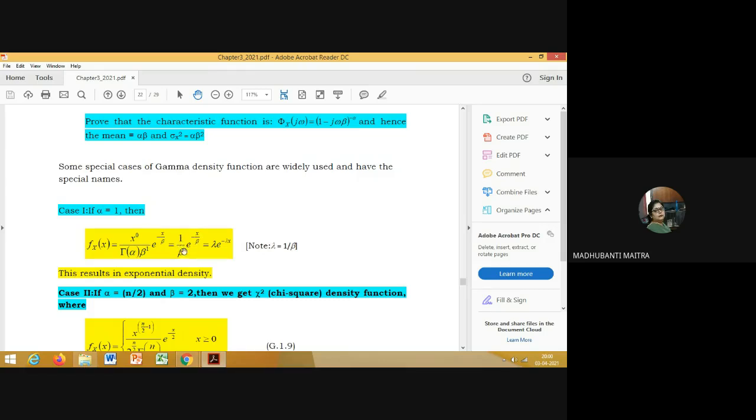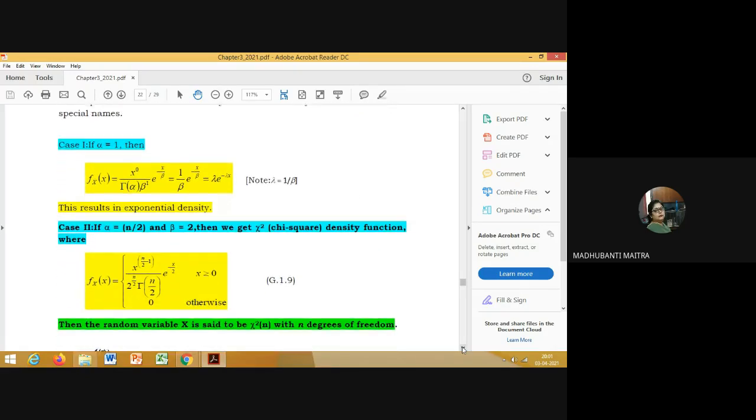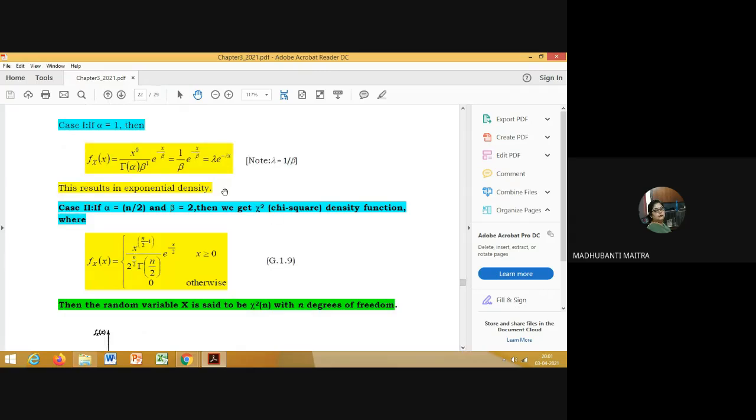If we consider 1 by beta to be equal to lambda, then this density function will be equal to lambda e to the power minus lambda x. Yes or no? Yes, ma'am. So just now we have learned the exponential density function and distribution function. So if alpha is equal to 1, then the gamma distribution will reduce to an exponential distribution. Clear?